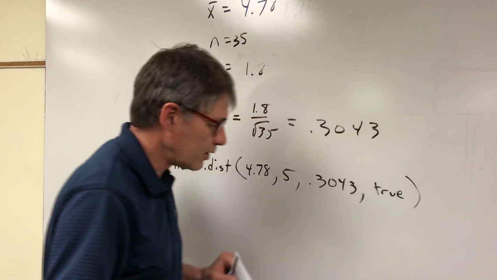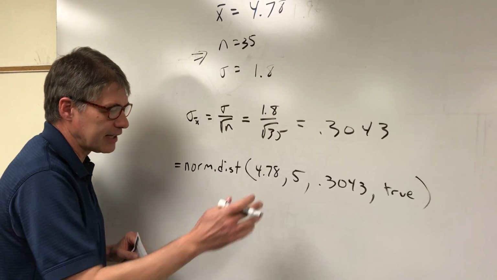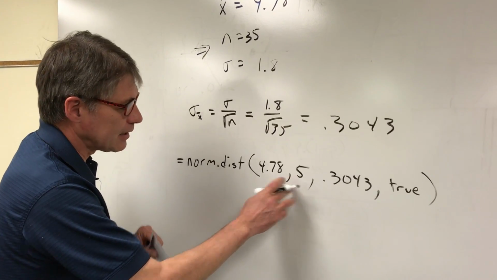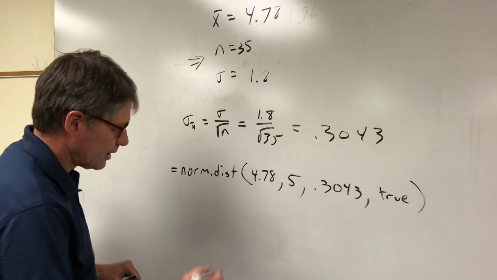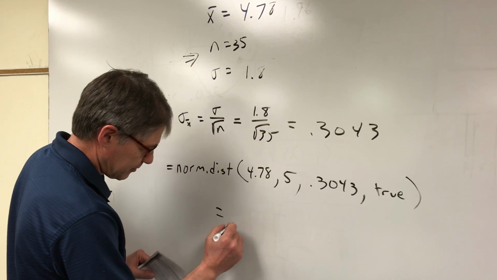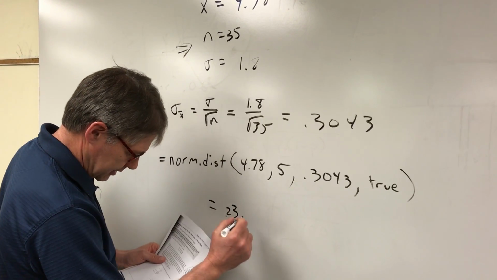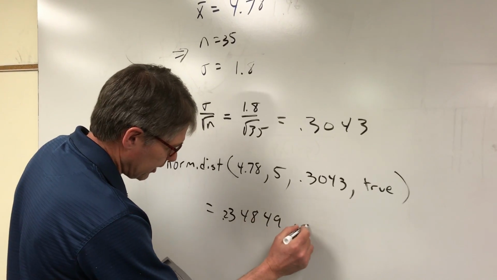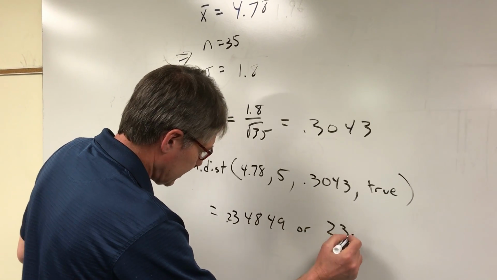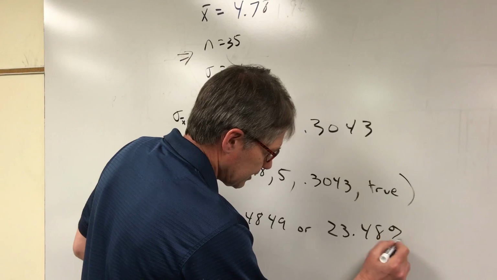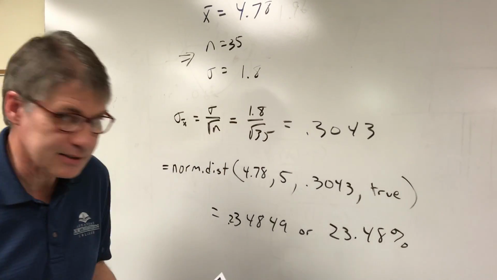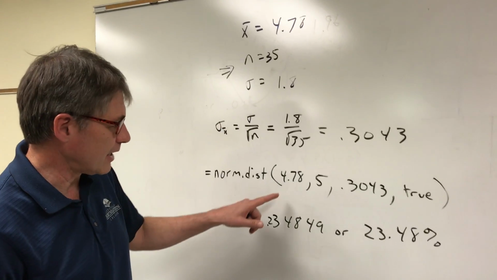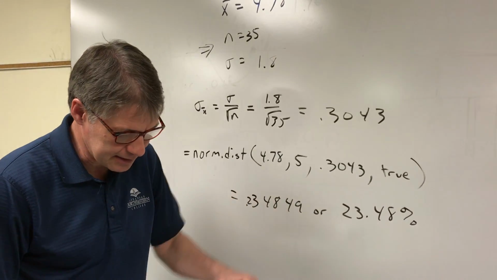So this will be, what's the probability of getting 4.78 or less by random chance, assuming the population mean is 5? You crunch all that in, you get 0.234849, or another way of putting that is 23.48%. So what we're saying here is there's a 23.48% chance of getting 4.78 or less just by random chance.